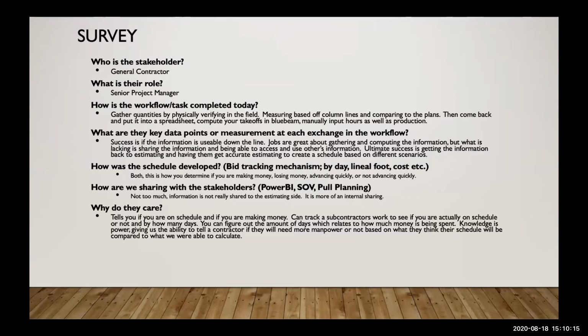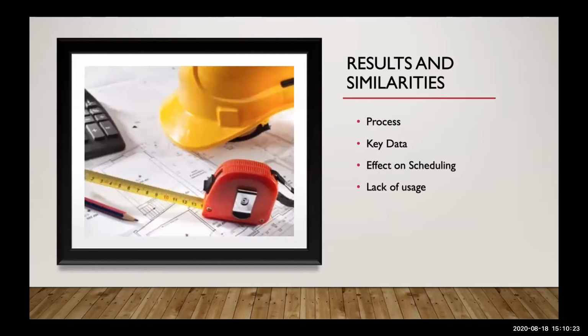It just kind of goes through and fills out that micro flow chart that I just showed: who's the stakeholder, what's their role, how's the workflow completed, what's the basic process, what key data points are you looking for, as well as why do you care about those data points, and then how are we sharing this with other stakeholders.